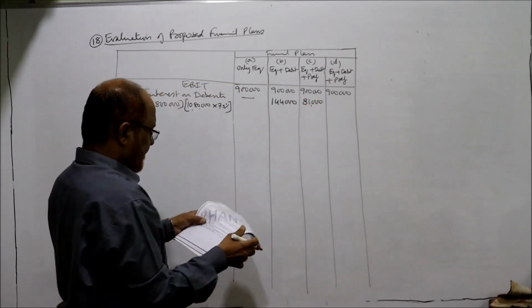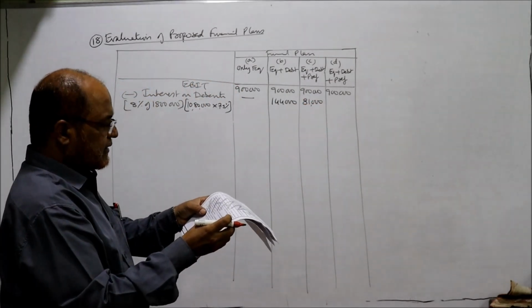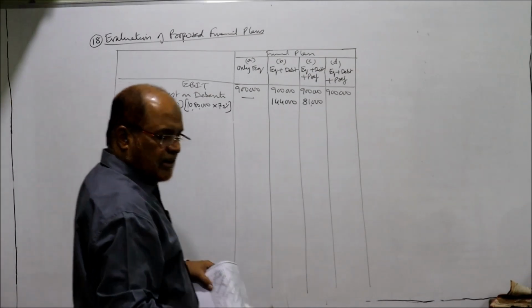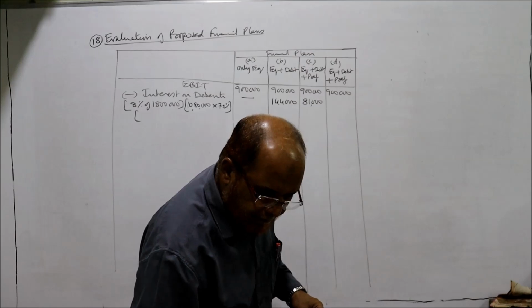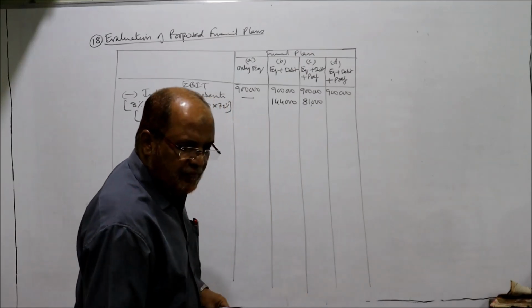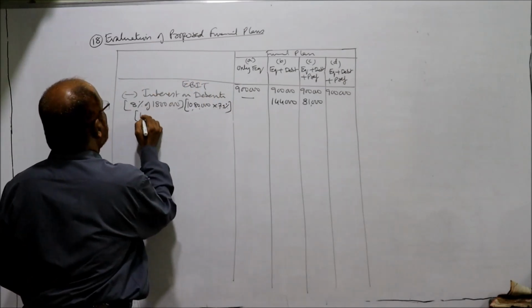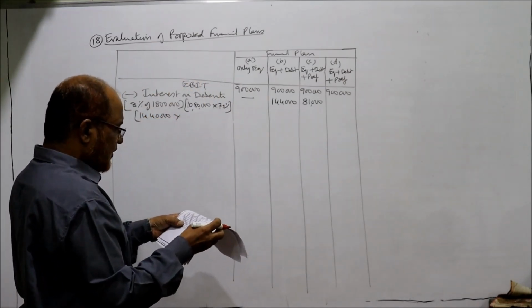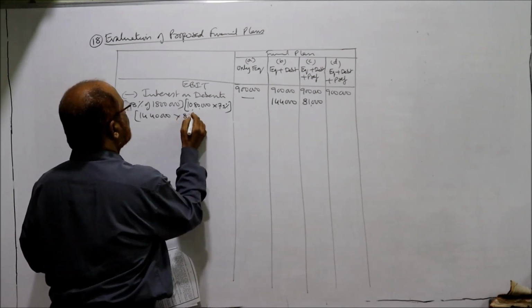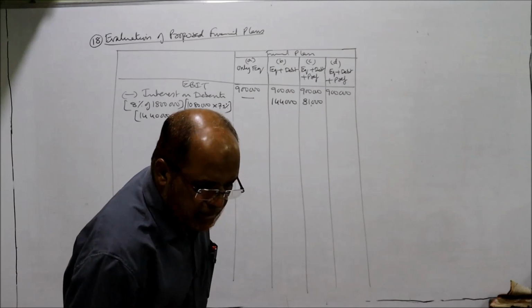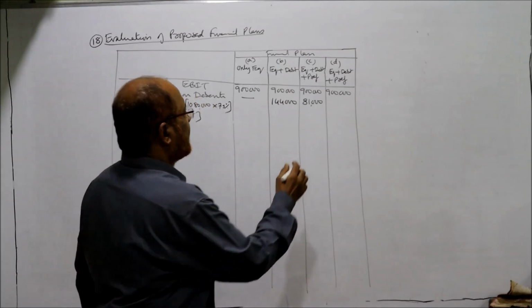The last one, the fourth plan, 30% equity, 40% debt. So 40% of 36 lakh is 14,40,000. 14,40,000 into the rate of interest 8% comes to 1,15,200, right?